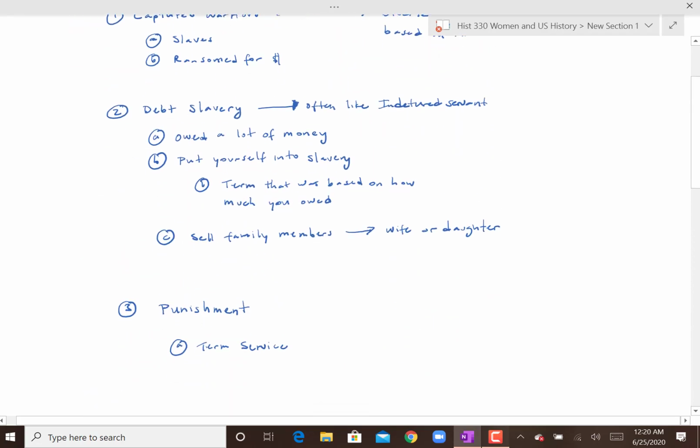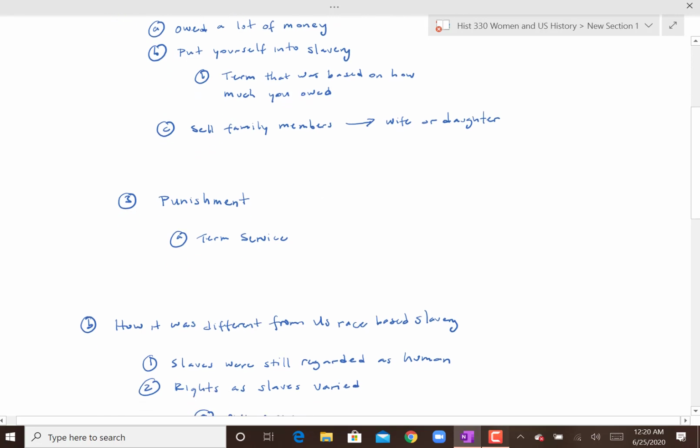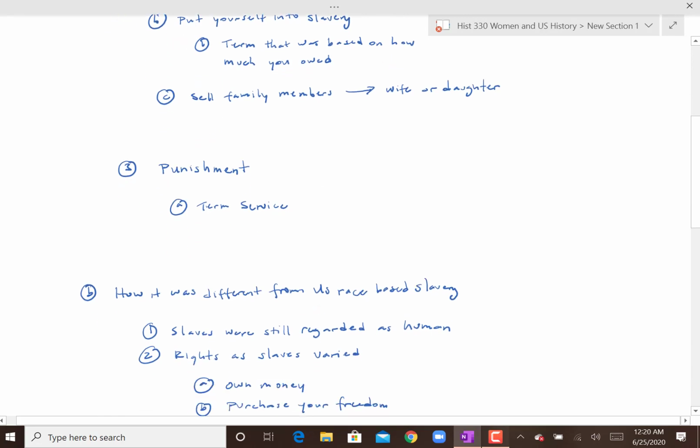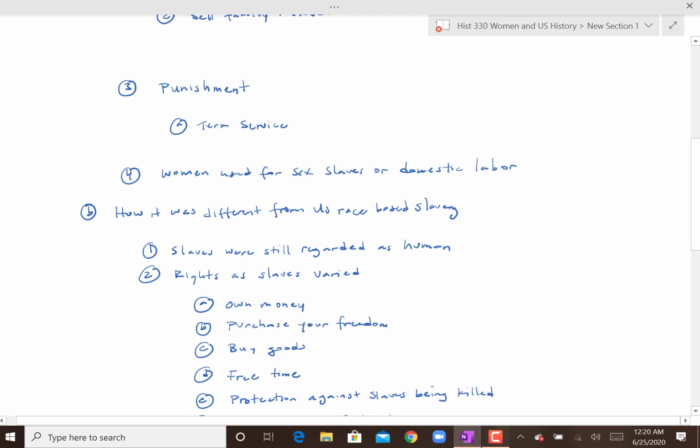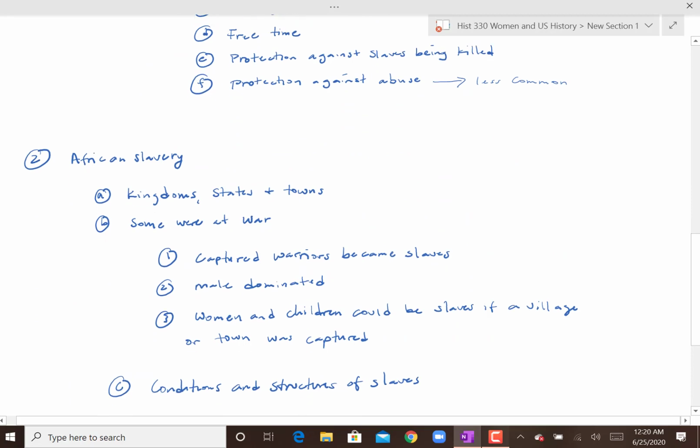Usually you went in as captured, punishment, debt slavery, but let's put right here too, women used for sex slaves or domestic labor, right? Because that was something that was common throughout. Okay, so you have those.